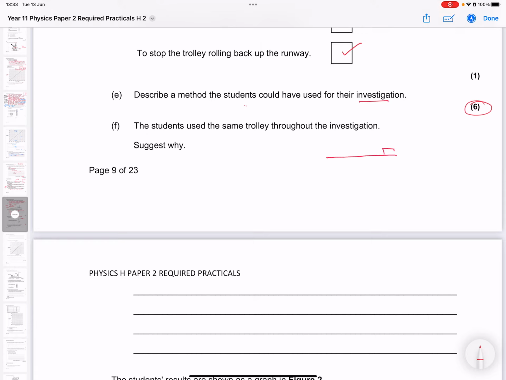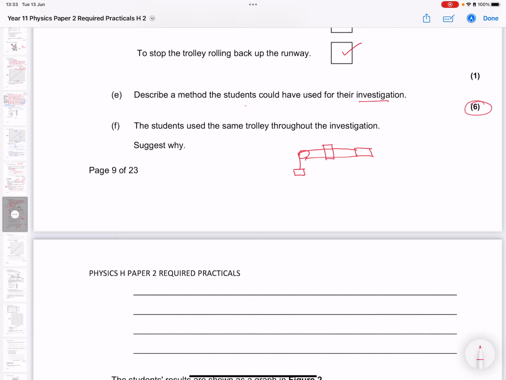So you have a trolley, and then you have a pulley, and then attach a string, and you have a stack of mass here, and then you can have light gates.